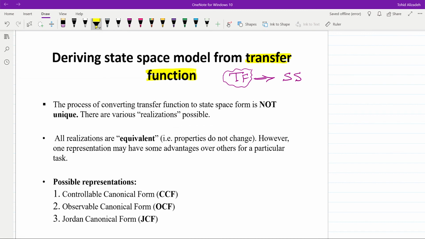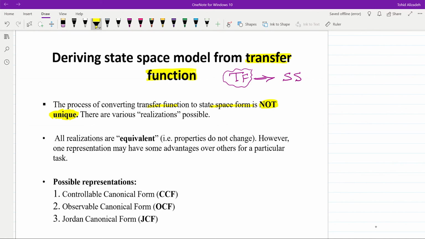One thing that you need to keep in mind is that the process of converting a transfer function to the state space model is not unique. So we can have a single system which is represented by different state space models.